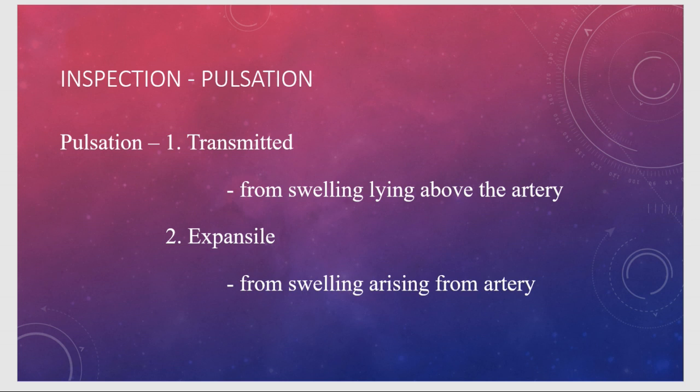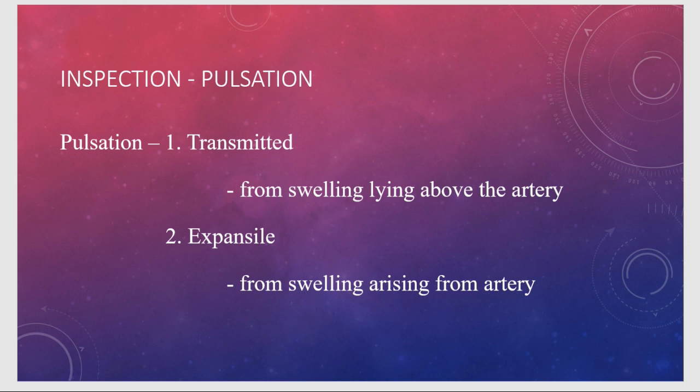In transmitted pulsation, the swelling is lying above the artery, not arising from it. The swelling is lying just by the side of some artery, or to be specific, it is situated above the artery. The underlying artery is pulsating, and that's why we are getting a transmitted pulsation on inspection.